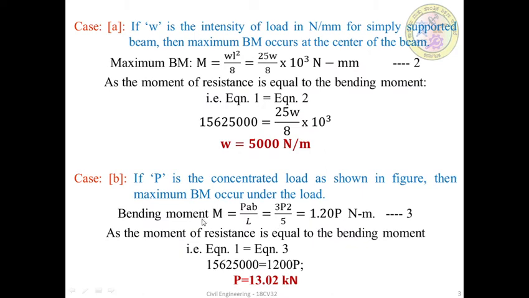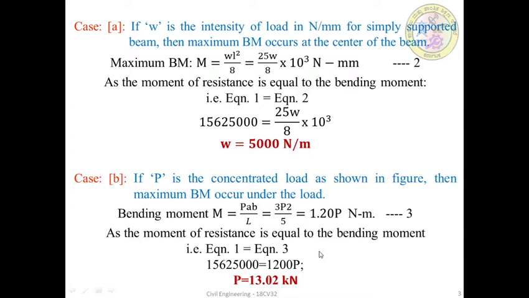Here the bending moment is M equal to PAB divided by L. We get 3P divided by 5 as the reaction component, multiplied by 2, the perpendicular distance. We will get 1.20 Newton meter. Again, this is the applied moment, whereas equation 1 is the resisting moment developed by the material of the beam section.